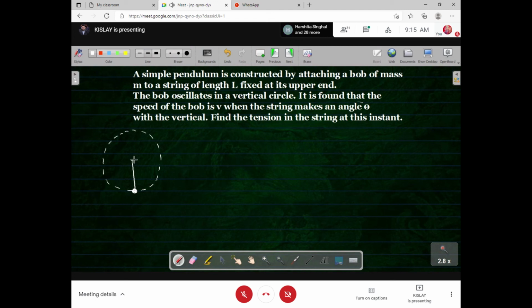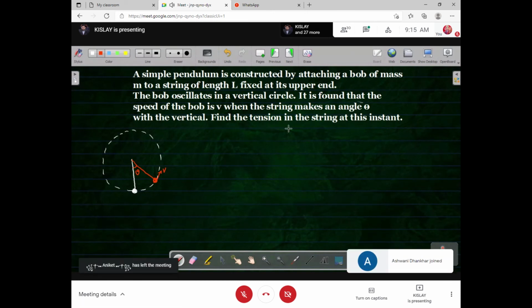And the question is, when it is making an angle theta with the vertical, suppose this angle is theta, the velocity of the bob is v. When the string makes an angle theta, speed is v with the vertical. Find the tension in the string at this instant.